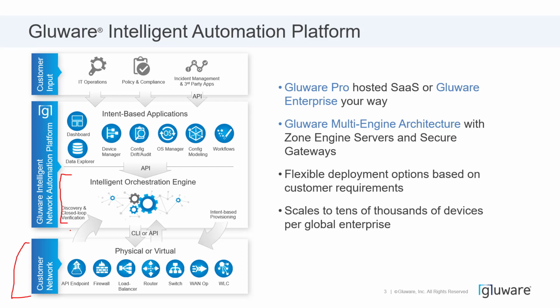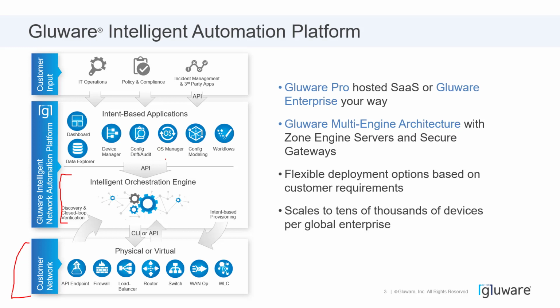The orchestration engine then powers all of the Gluware applications. One of the biggest attributes our customers love is the out-of-the-box nature of Gluware automation, with applications like Device Manager to inventory, discover, and detect config drift, and audit to identify changes in your network and run regular audits.